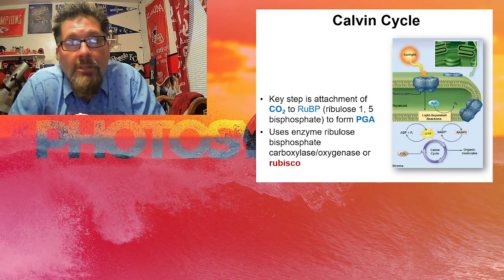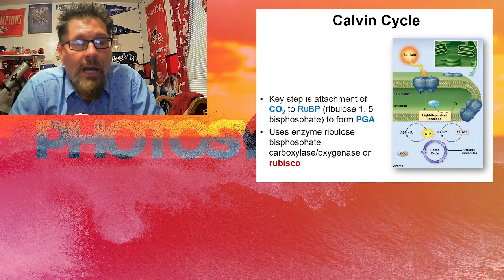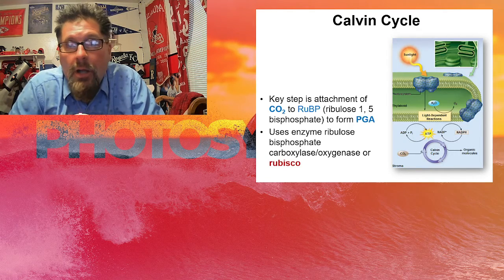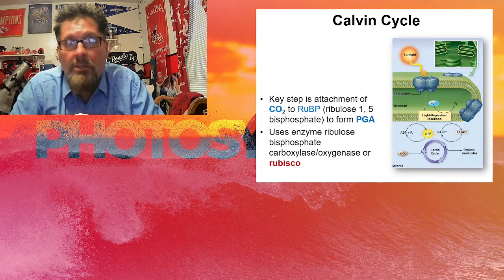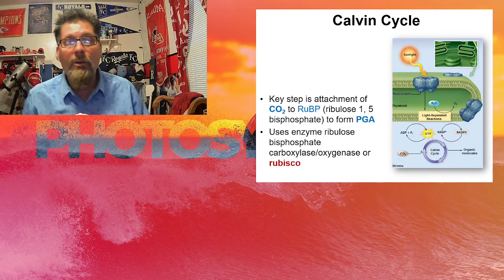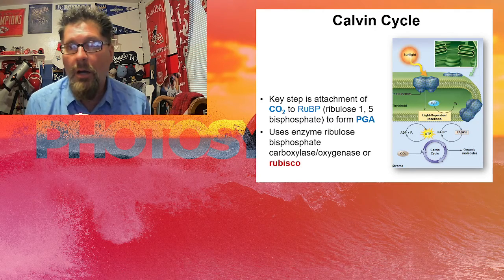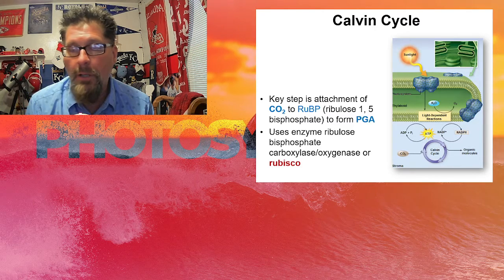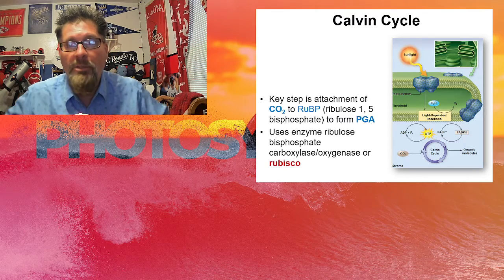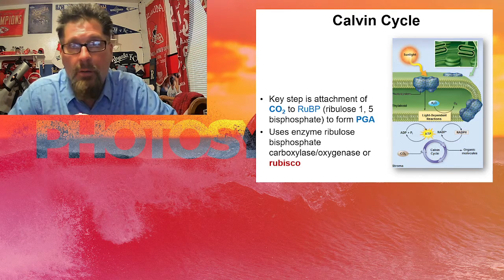So some key steps, as you can see, some things that are important, and when we look at the cycle in the next screen, some things that are going to be happening is that right off the bat, the carbon dioxide is broken apart and the carbon molecule is added to the RUBP and forms a molecule called Rubisco.